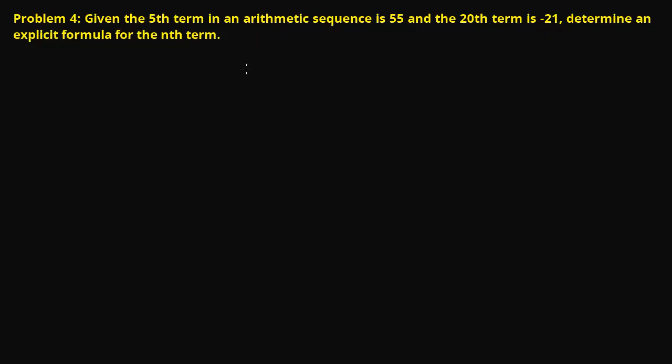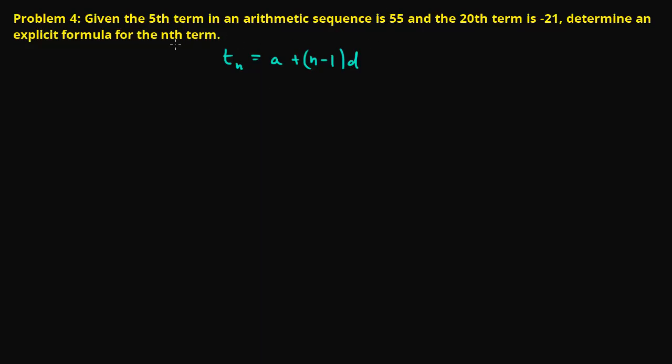We know that the general formula for the nth term is a plus n minus 1 times d. So we have to figure out what a is and what d is to find a formula for the nth term. Let's think about this.